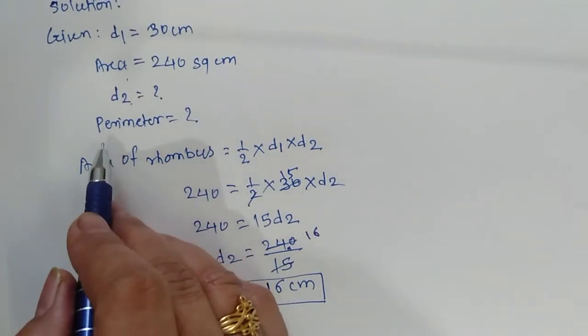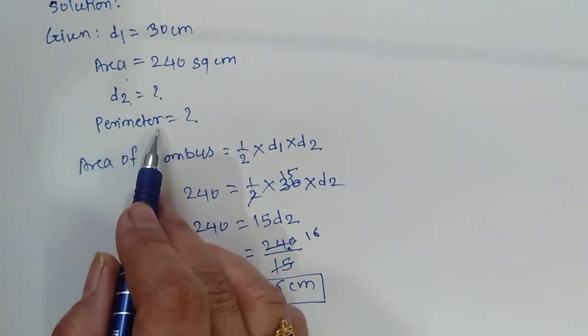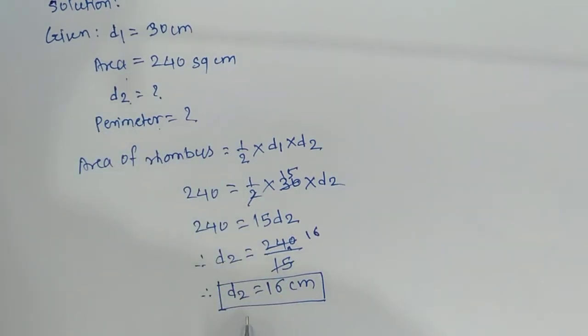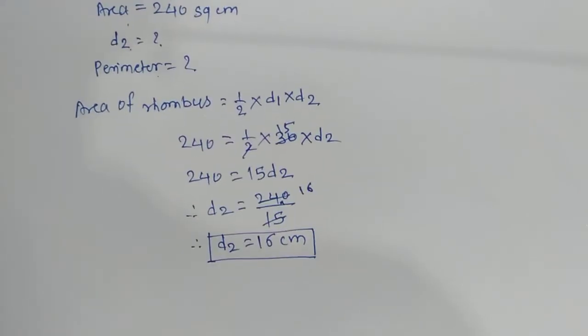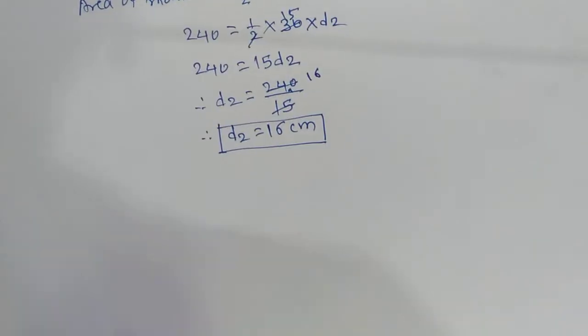Now see the next is perimeter. So to calculate the perimeter, we need the length of side of a rhombus. So firstly, we draw the figure of a rhombus here.